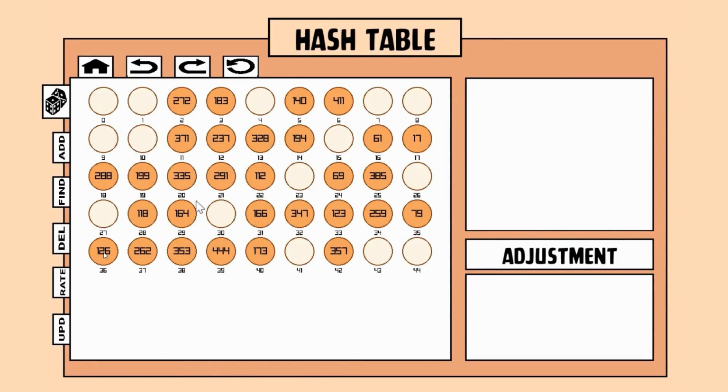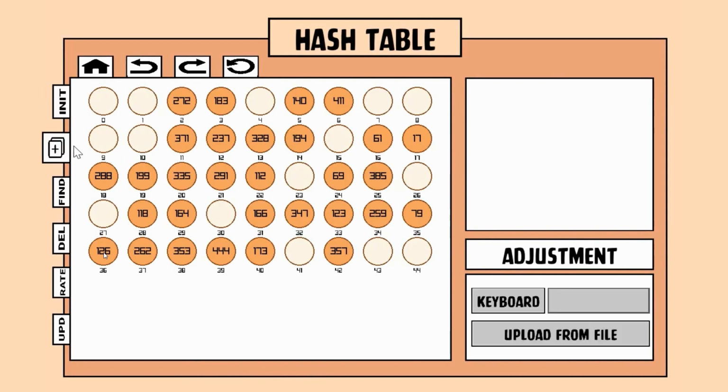Now, I will introduce to you the insert operation. Click the add button and then here at the keyboard, we will insert a value into the table. I will insert 24 and press enter.